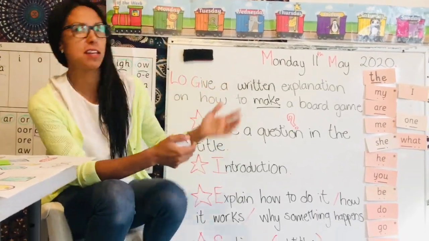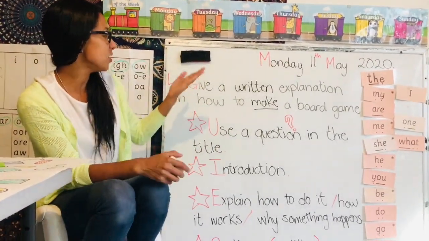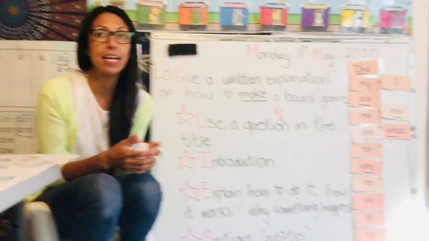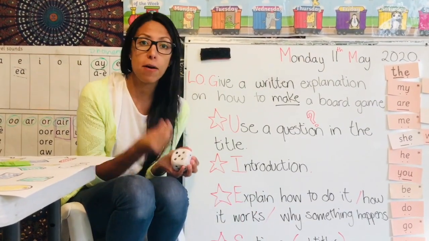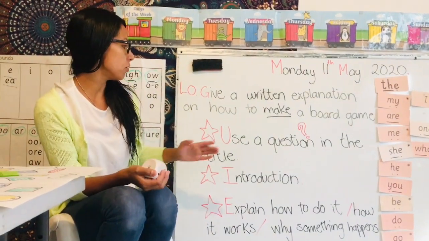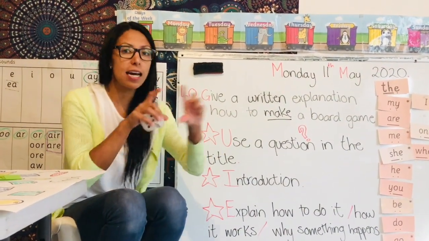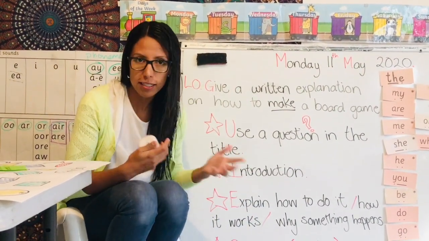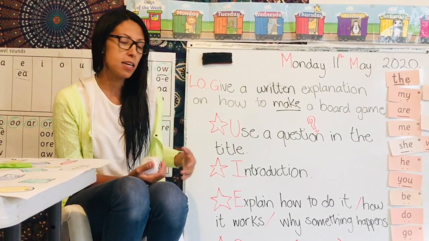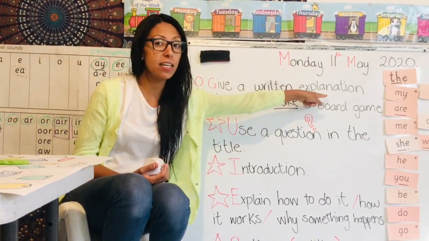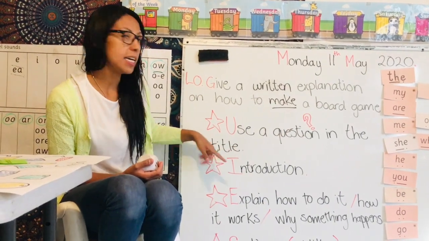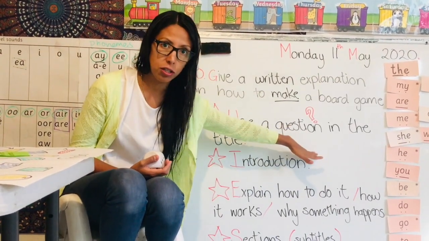Fine, so now with my new board, I'm going to explain the things that an explanation must have. So first, we need a title. We always need a title when we're writing something, right? So in an explanation, our title is going to be a question, okay?